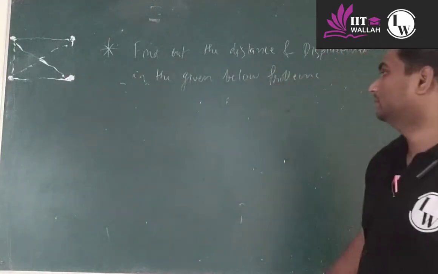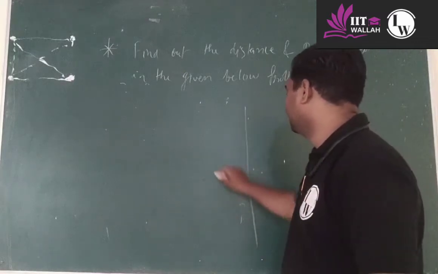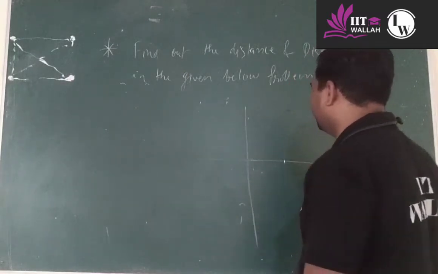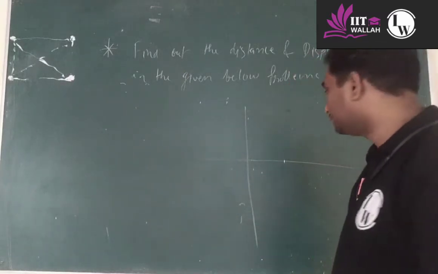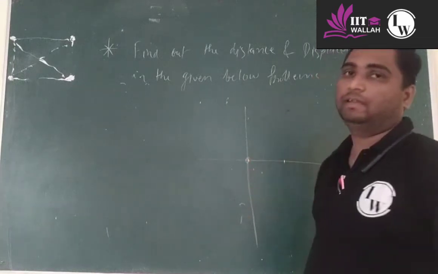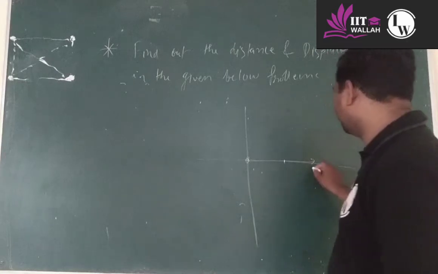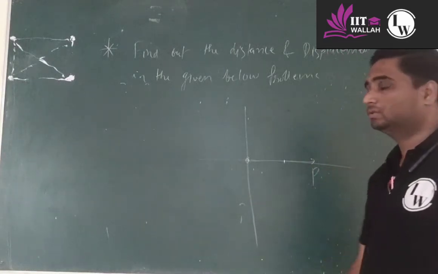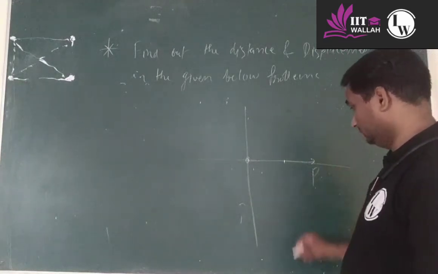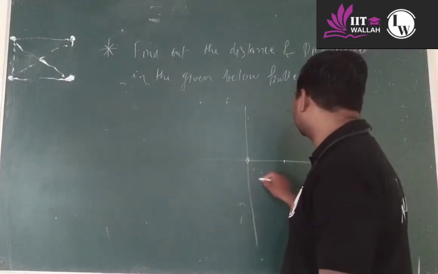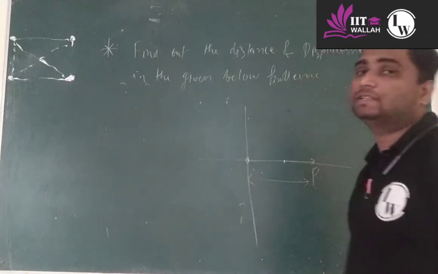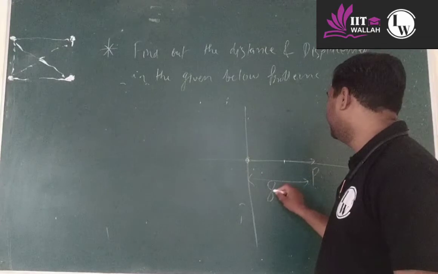Suppose that in the Cartesian plane, a person is here and goes to point P, in which he travels 8 meter.